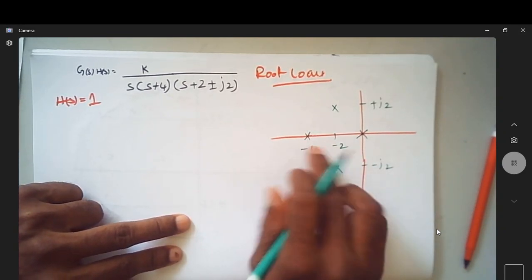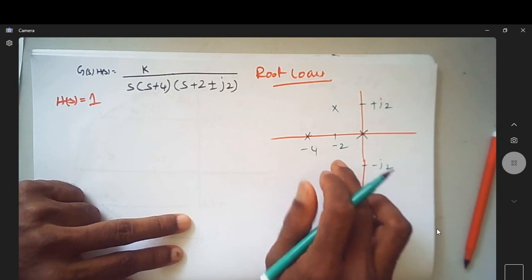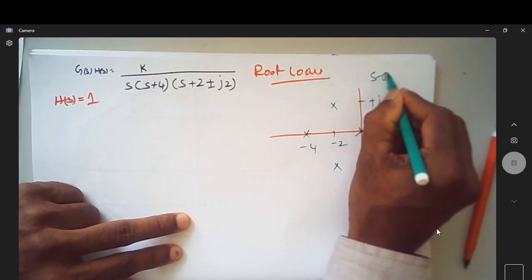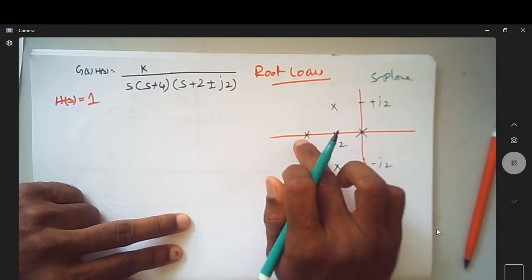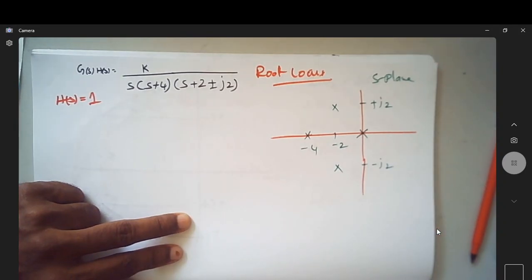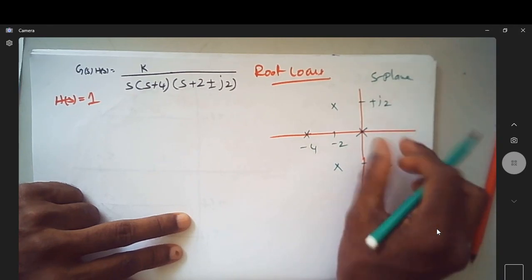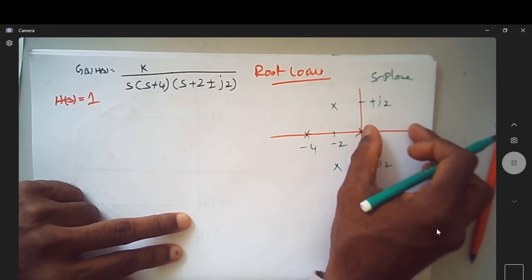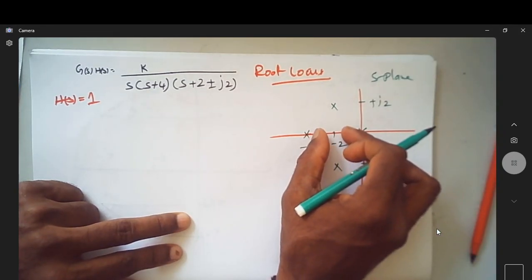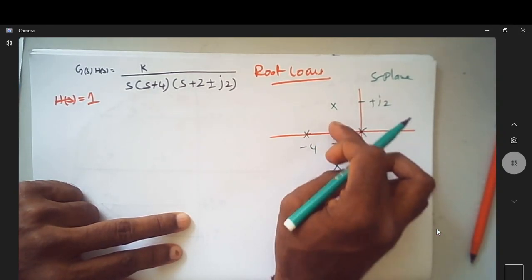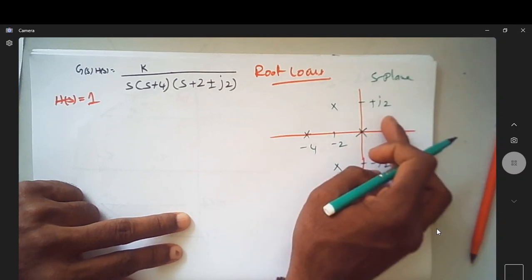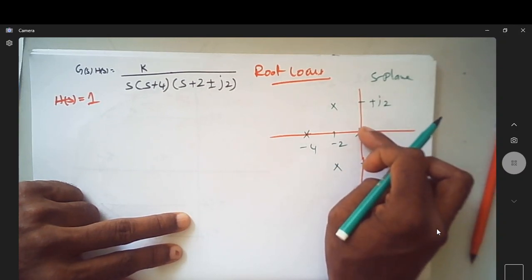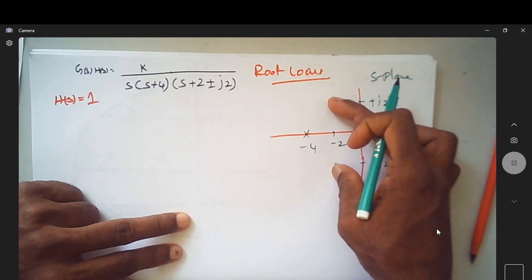Now, as you know, we first need to identify this is my S plane. In the S plane, which part of the real axis is a part of the root locus? This part is not a part of the root locus because there is nothing to the right of it. If you stand anywhere in this section and look towards the right, you will see either one pole or three poles.